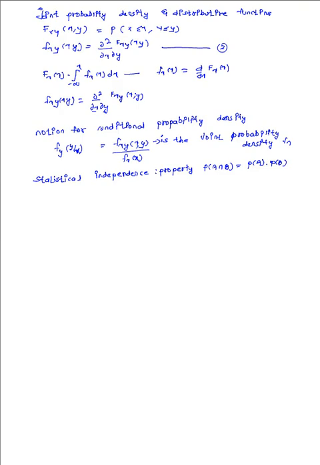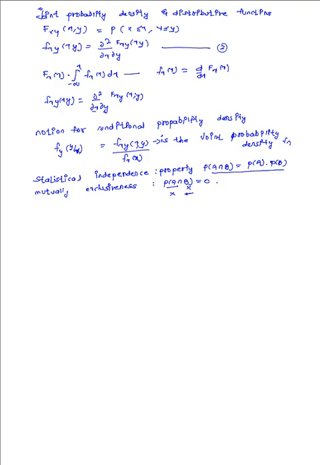And earlier we have seen another property called mutual exclusiveness. A and B are mutually exclusive if A intersection B is simply 0. That means if A is occurring, then B is not occurring, or if A is not occurring, then only B is occurring. So this is called mutual exclusiveness, and the probability of A intersection B is 0 if both A and B are mutually exclusive. But for the case of independence, P(A intersection B) is equal to P(A) into P(B) if A and B are statistically independent.